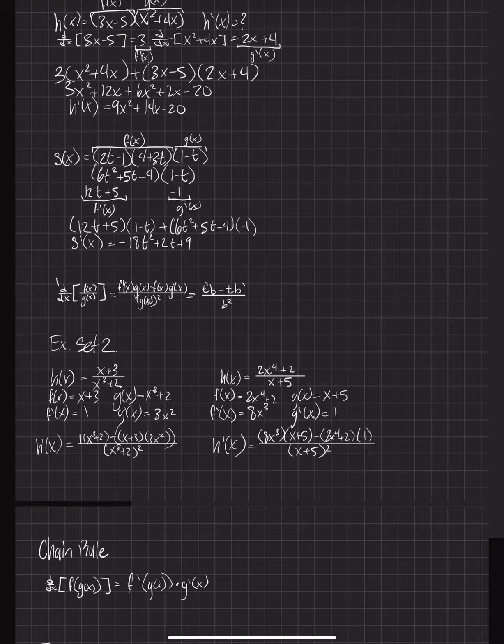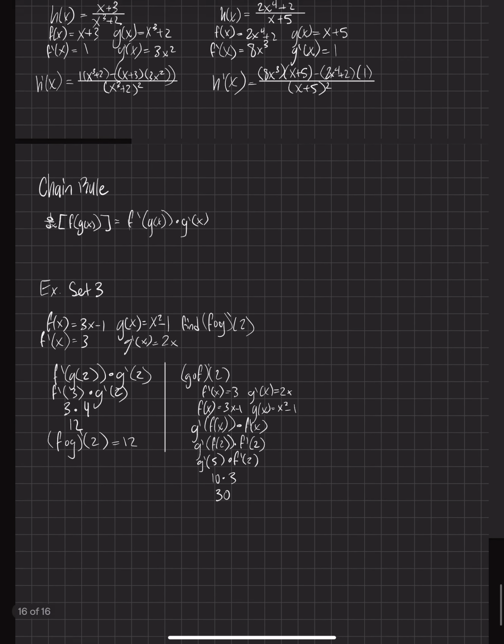Or how I like to say it, the derivative of the top multiplied by the bottom minus top multiplied by the derivative of the bottom, all over bottom squared. And then we ran through a couple problems where we set each one as f of x, g of x, and then found the derivatives, and then we were easily able to just plug it in, making it much easier.